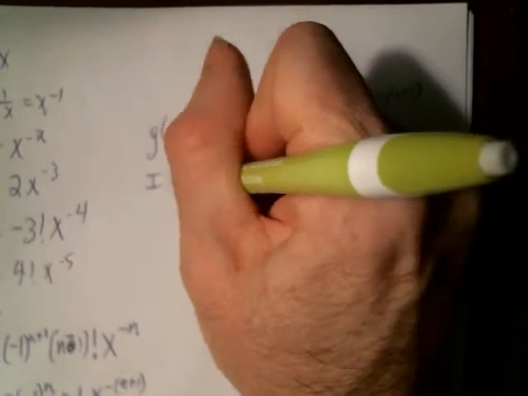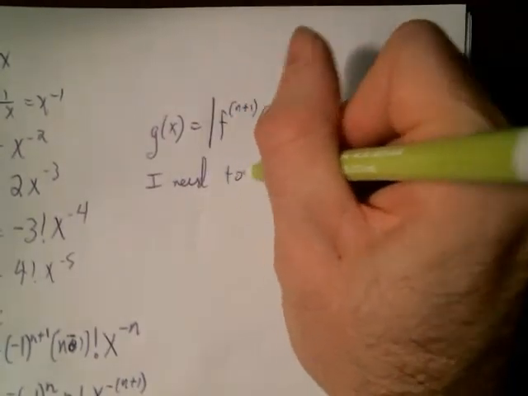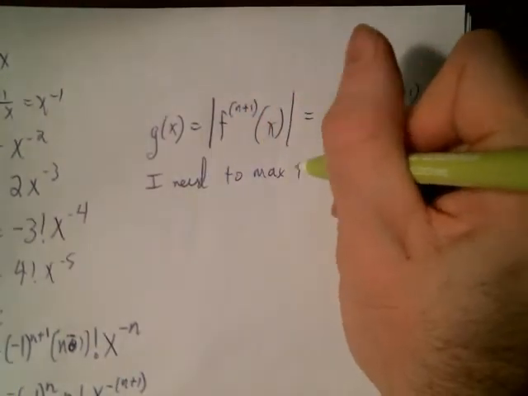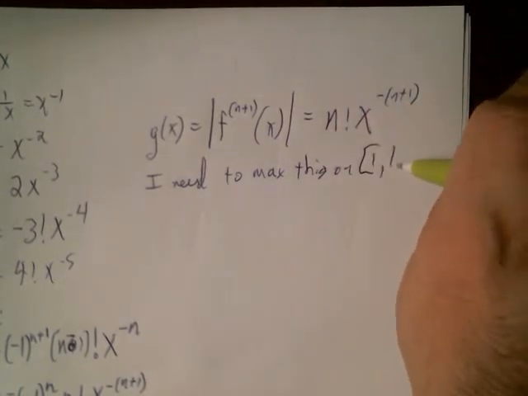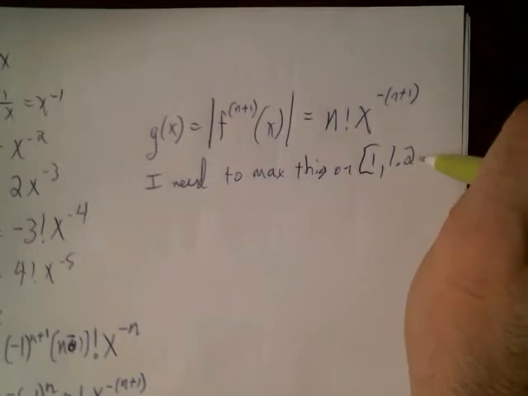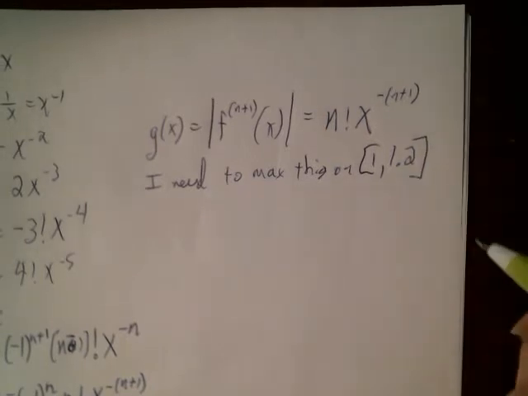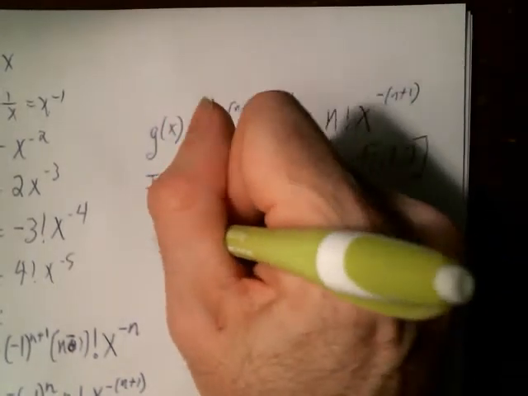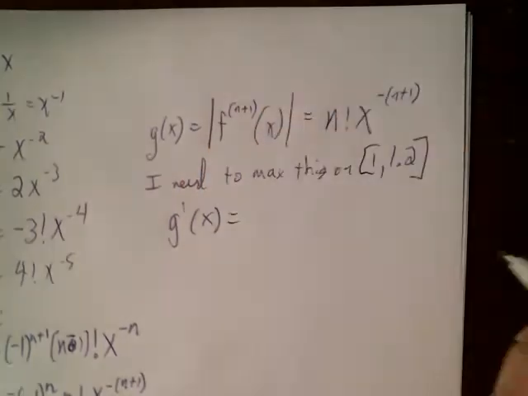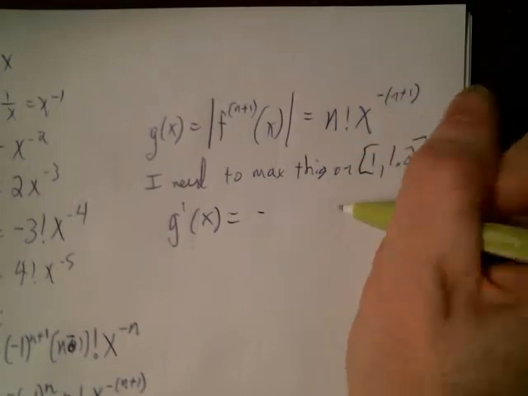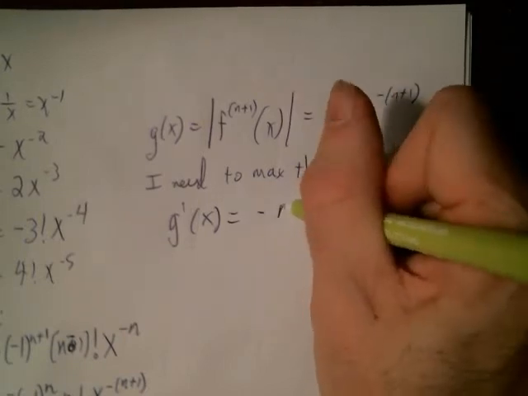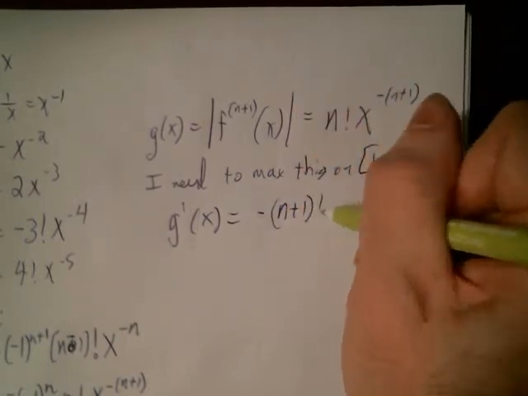So I need to maximize this on the closed interval from 1 to 1.2. And so I take its derivative, g prime of x, which will equal, bring down a negative, negative n plus 1 times n factorial, which will be n plus 1 factorial.